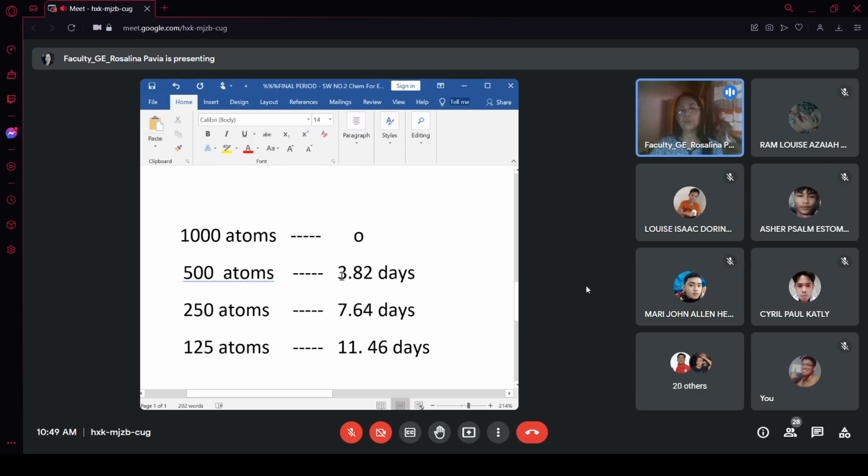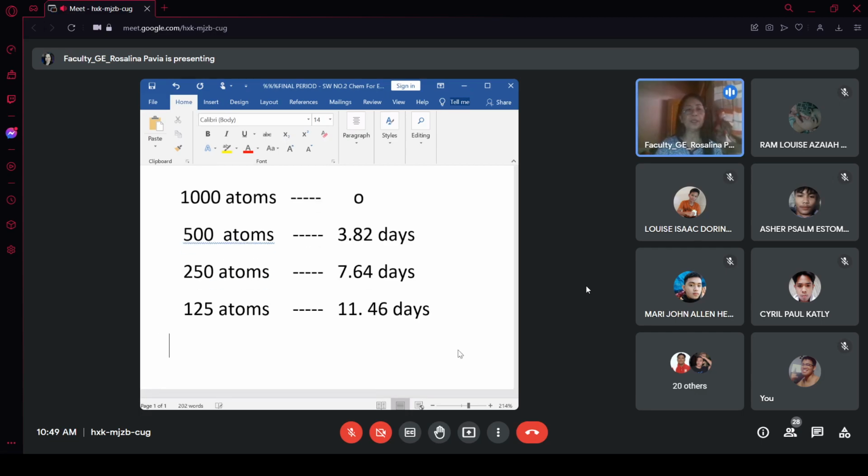Or you can just multiply this by 2 sa second series, multiply this by 3 sa third series, multiply this by 4 sa fourth series. Depende kung ilang series yung half-lives. Or if you cannot do it like that way, mag-add kayo ng mag-add. 3.82 plus 3.82 is 7.64. 7.64 plus 3.82 is 11.46.